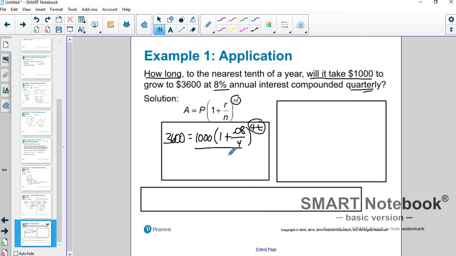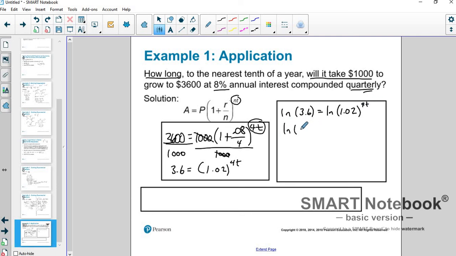So we divide everything by 1,000. These thousands divide away. You get 3.6 equals 1.02 to the 4t. And now what do you do? You take the natural log of both sides. Natural log of 3.6 equals natural log of 1.02 to the 4t power.